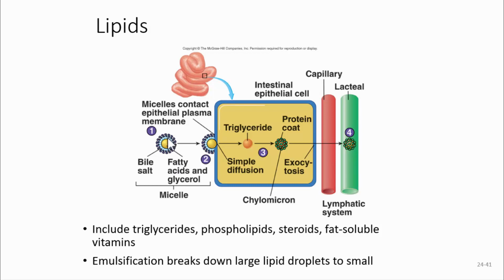And remember the cells are phospholipid bilayers? These little micelles are actually phospholipid monolayers. Okay, so your cells are like a soap bubble. So here's the little soap. In this case, the bile is the soap.